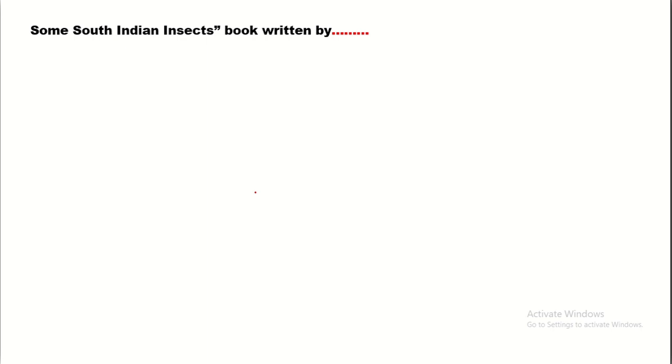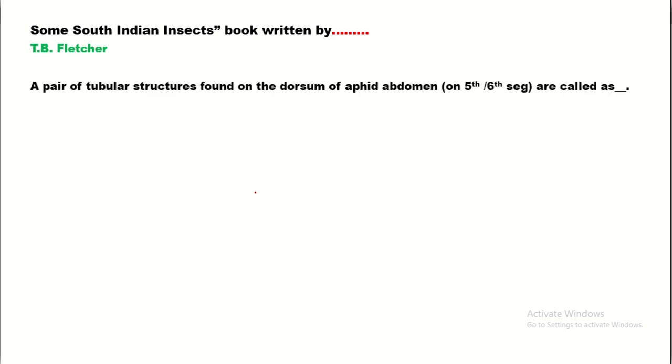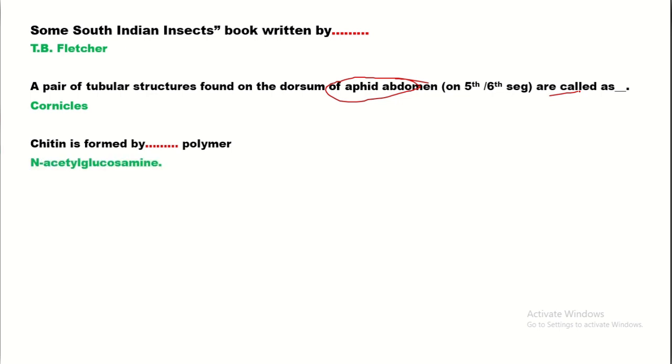Some South Indian insects book written by T.B. Fletcher. A pair of tubular structures found on the dorsum of aphid abdomen are called cornicles.